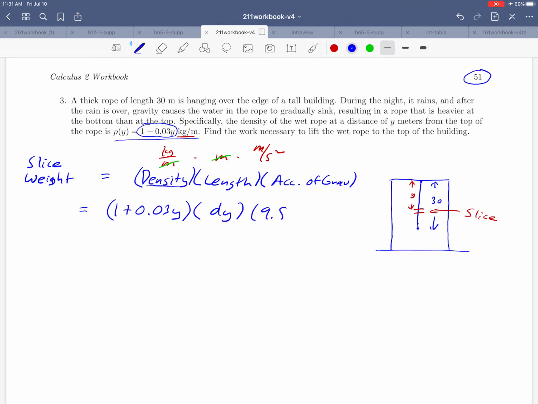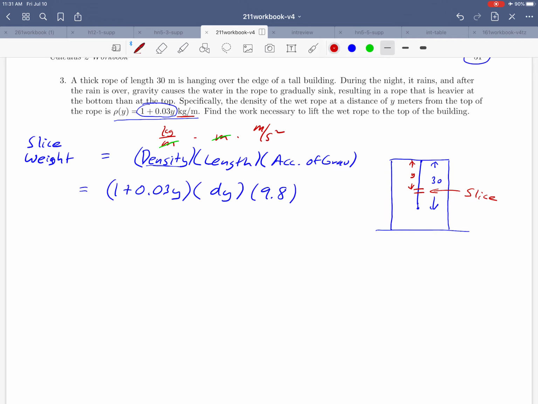We could do a little simplifying here. We could take this 9.8 and distribute it through those two terms, and I'm going to put the dy on the end. If you distribute 9.8 through, you get 9.8 plus 0.03 times 9.8, which I believe is 0.294 y.